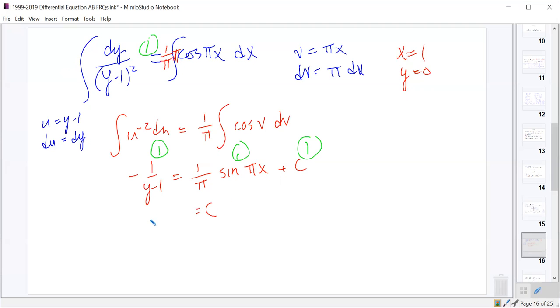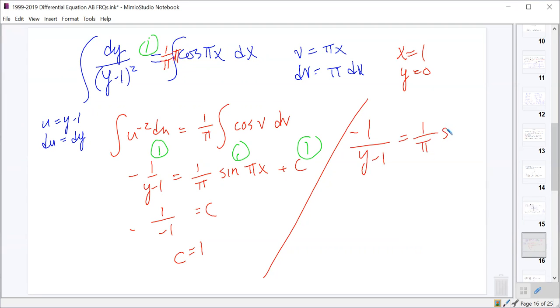So we just have the constant. And we got negative 1 over, well, 0 minus 1 is negative 1. So we get a constant of 1. So we're now looking at negative 1 over y minus 1 equals 1 over pi sine pi x plus 1. And for getting that constant, that was another point. So that's 5 points. And then solving it the rest of the way gives you the last point.